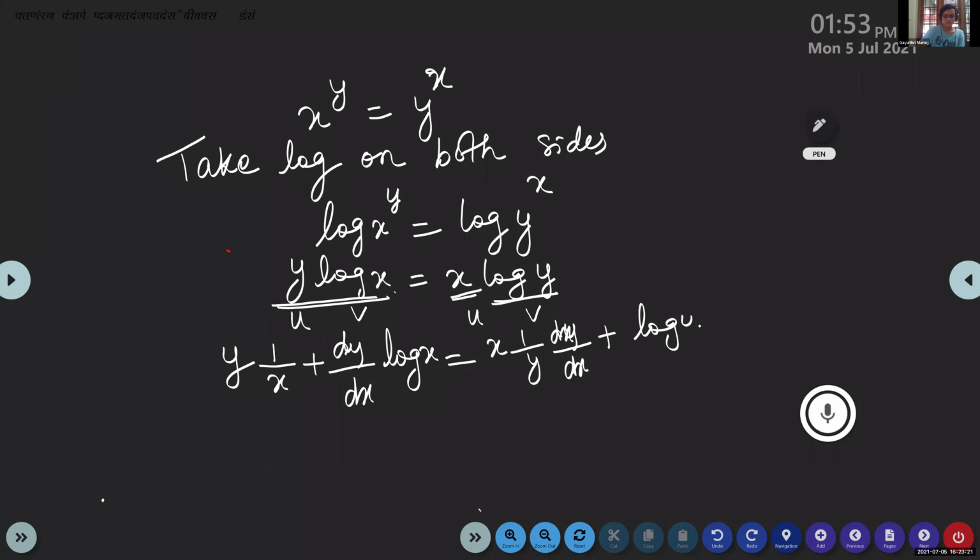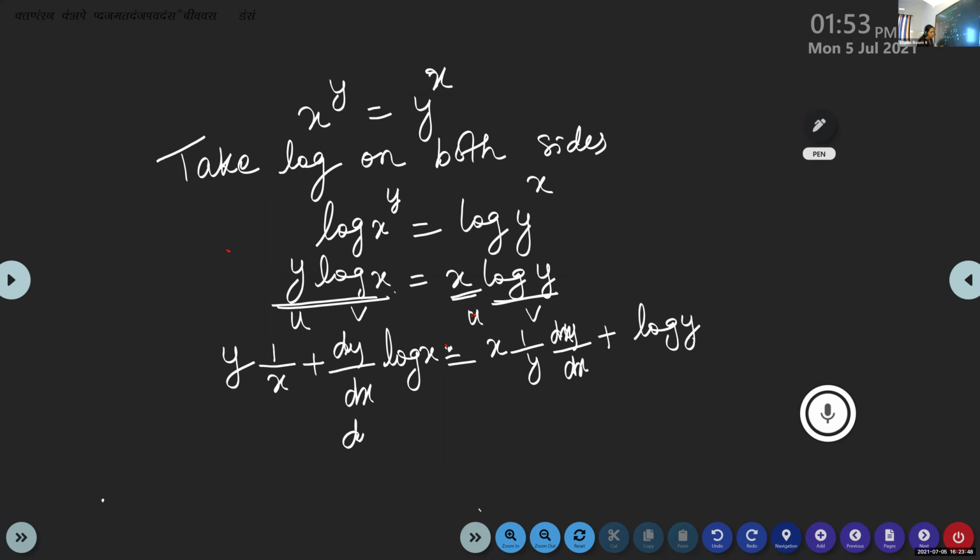Listen, children, I'll explain this. Again we are using product rule. Keep the first function as such, times the derivative of the second function. The derivative of log y is 1 by y dy by dx, plus keep the second function as such, times the derivative of x, which is 1, so we are not mentioning it. The next step, take all the dy by dx terms to one side and the terms without dy by dx to the other side.